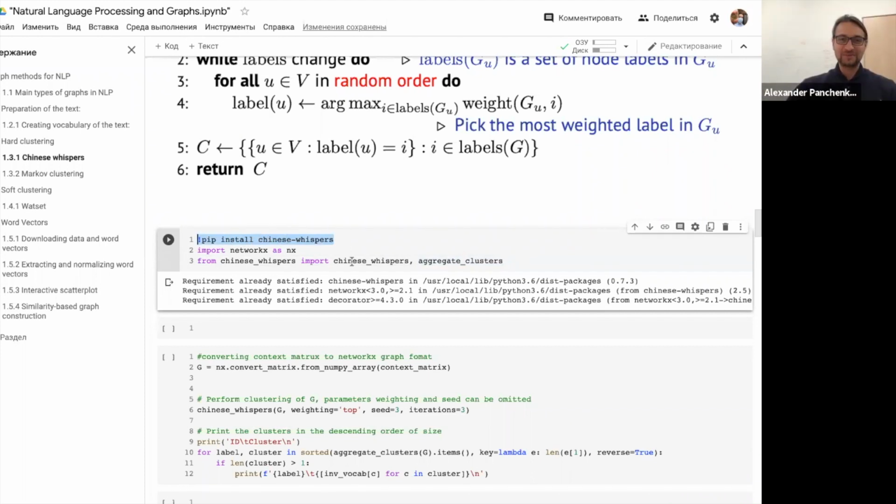Oh, a question about the name of the algorithm, Chinese whispers. I think this name is just the name of a game. It's more known as the telegraph game, telephone game, or corrupted telephone in Russian, where somebody passes a message to another person, and then it gets corrupted, and so on and so forth.